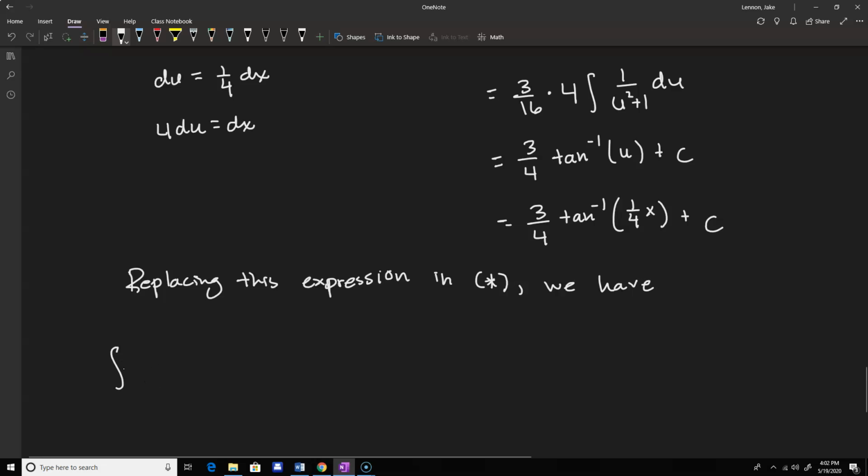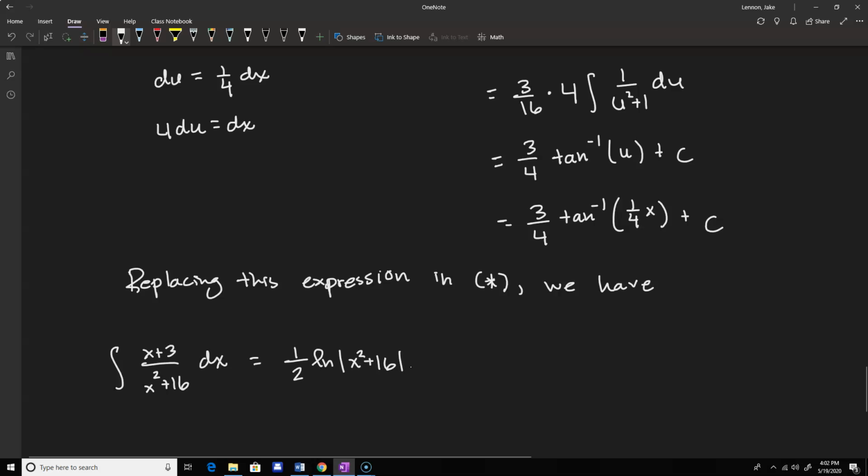We had the integral of (x + 3) over (x squared + 16) dx. This is actually now equal to our antiderivative, which the first term I believe was 1/2 natural log of the absolute value of x squared + 16.